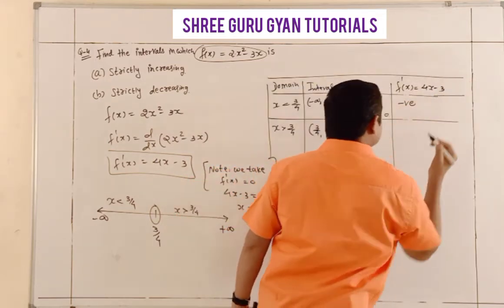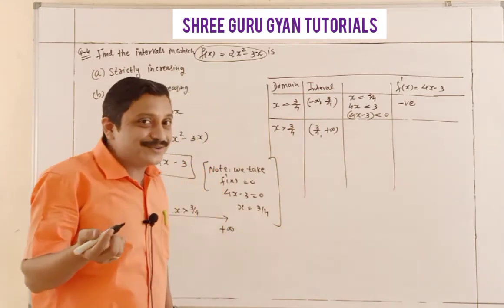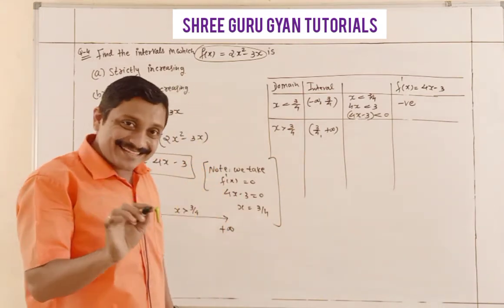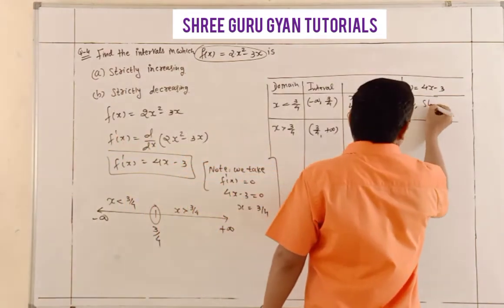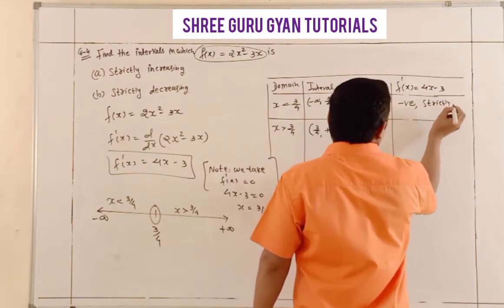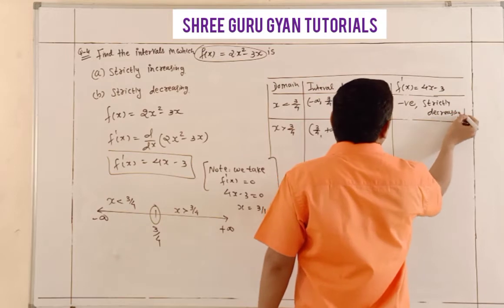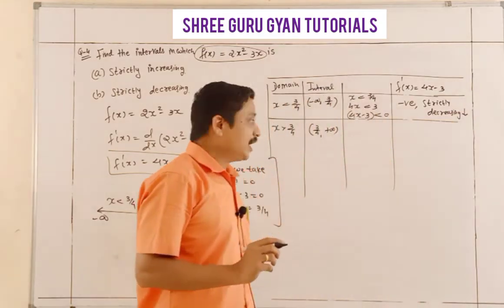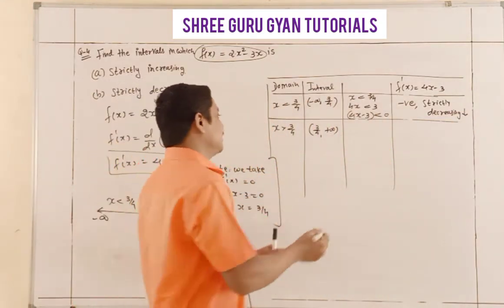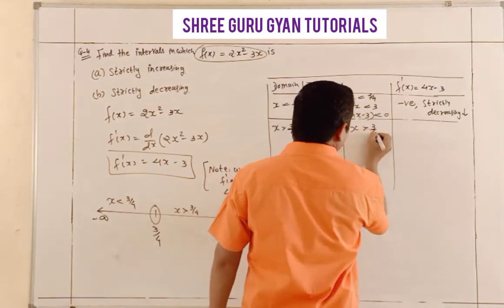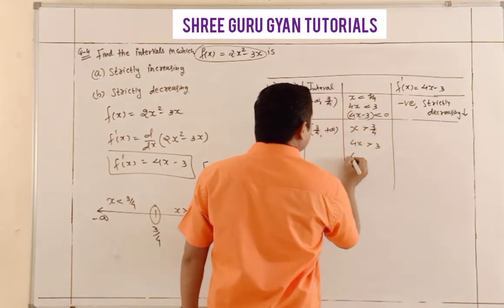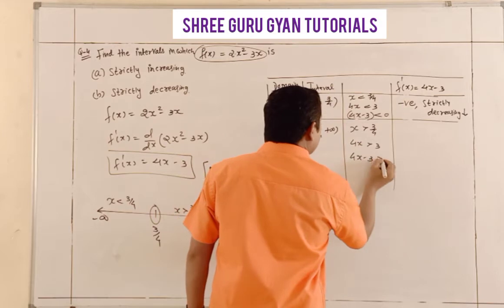That's why students, what do you write down? Yes, it is a strictly decreasing function. And here the second condition, x more than 3/4. So 4x is more than 3, 4x − 3 is greater than 0.